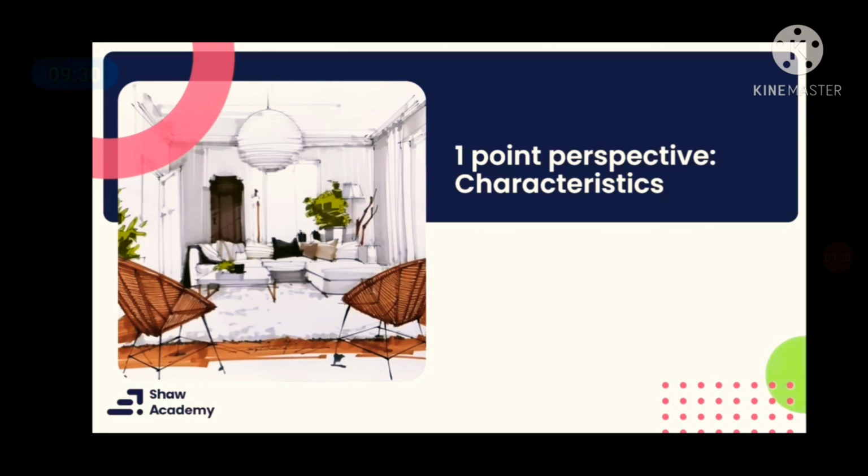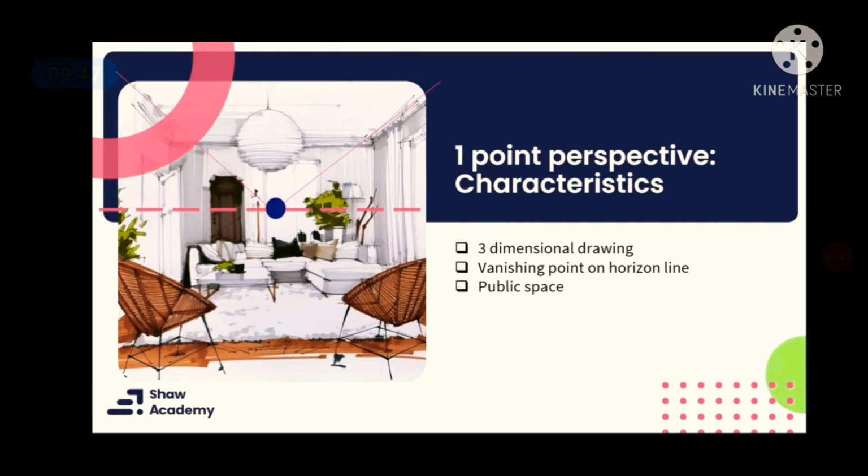So I can see that we have a 3-dimensional drawing. This is clearly a 3D view of a space. I can see that we have a vanishing point on our horizon line. I can see this is a view of a public space.